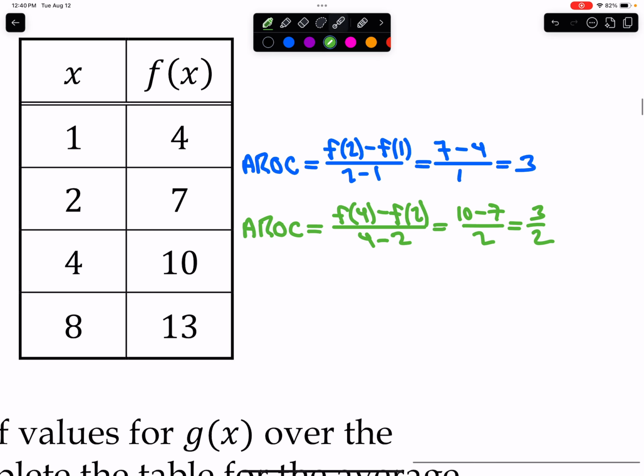So what you're looking at here is, notice how the average rates of change are not the same. So we're going from 3 to 3/2. So automatically, I know this function is going to be nonlinear.